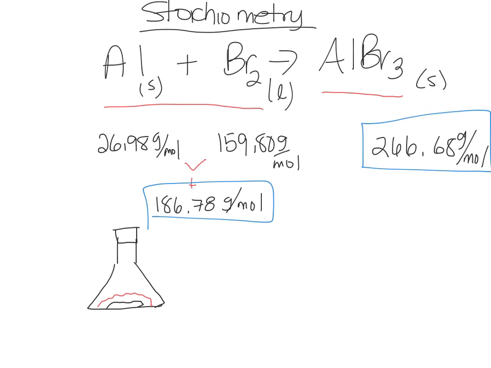We could mass that, and that would be our initial mass. Then we shake it up, and we get aluminum bromide.